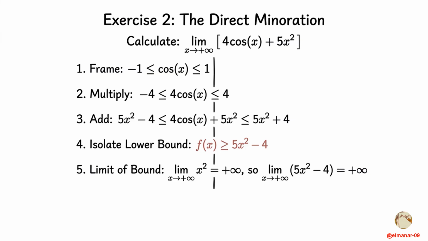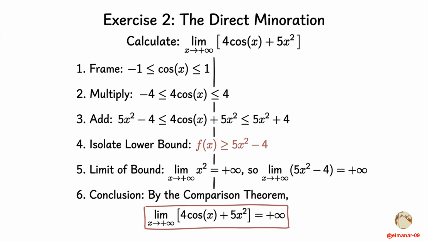As x goes to infinity, x squared goes to infinity, so 5x squared minus 4 also hits infinity. 6. Conclusion. By the comparison theorem, the entire function, 4 cosine x plus 5x squared, goes to infinity. You see the pattern? It's all about finding that floor that pushes everything up.